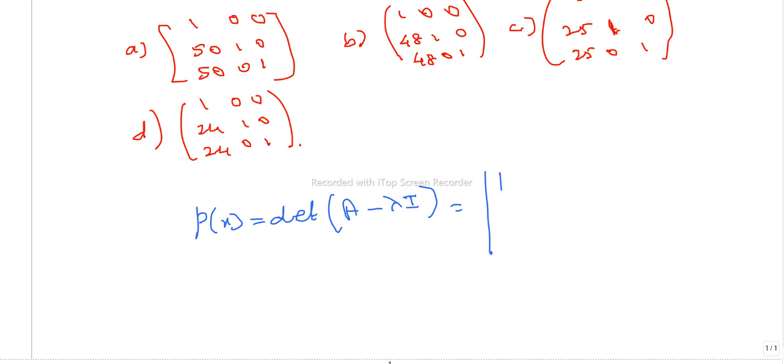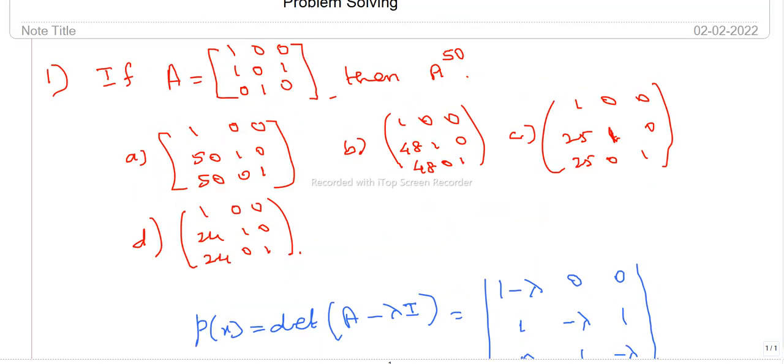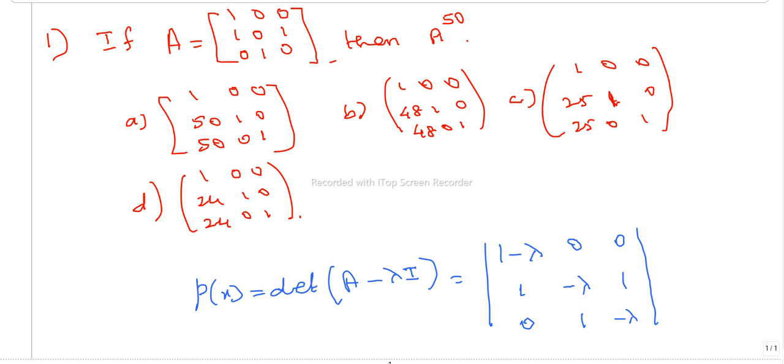So already we have 1 in A, and we subtract lambda; the next entries are 0 0, then 1, then 0 minus lambda, 1, and then 0, 1, 0 minus lambda. So we subtract lambda on the diagonal elements of A, and we get 1 minus lambda, minus lambda, minus lambda on the diagonal.